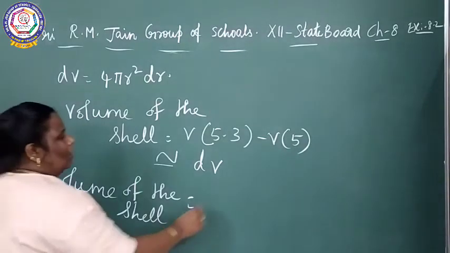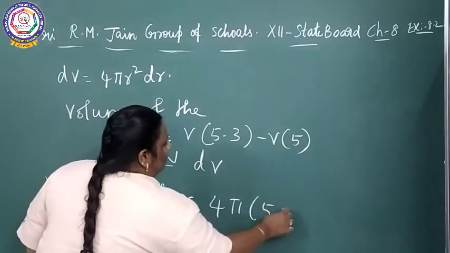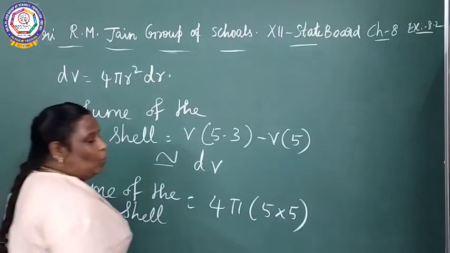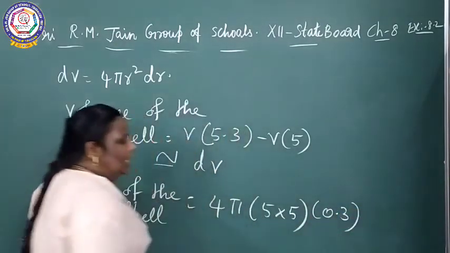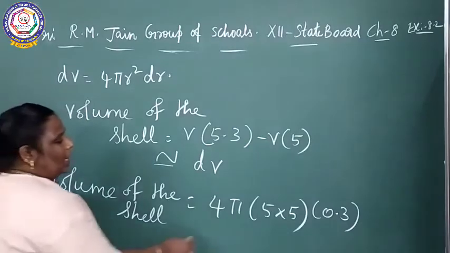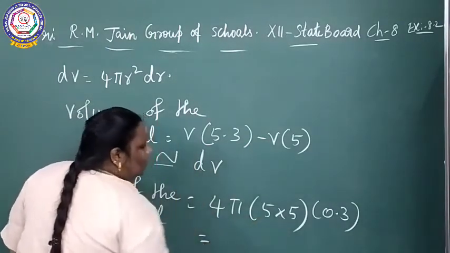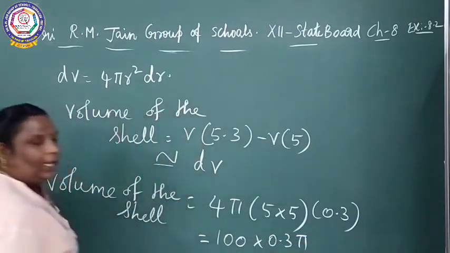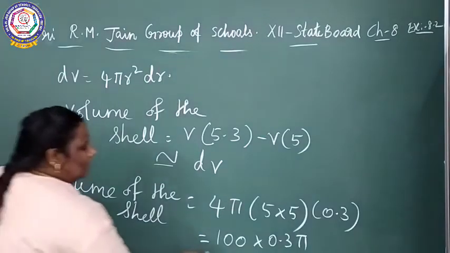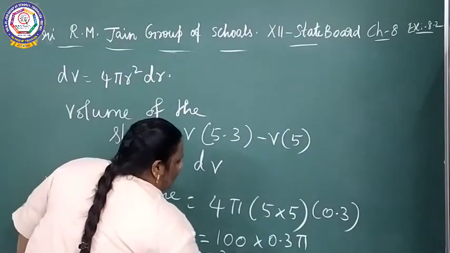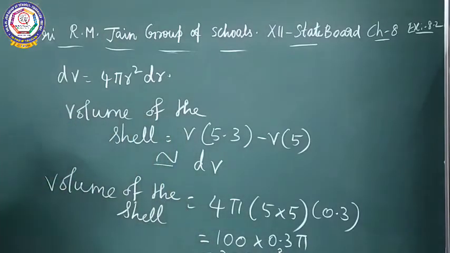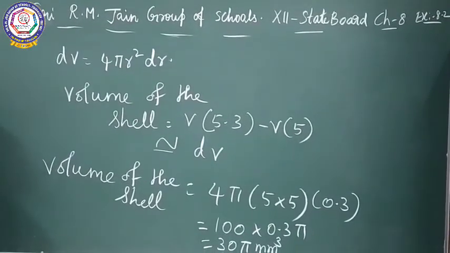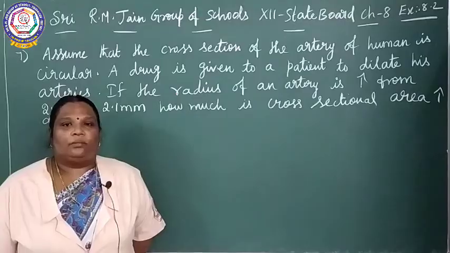See here, 4 pi into 5 into 5, r square, and dr is nothing but 0.3. It gives 25 into 100 into 0.3 pi, which is nothing but 30 pi millimeter cube. So the approximate change in volume of the shell is 30 pi millimeter cube.